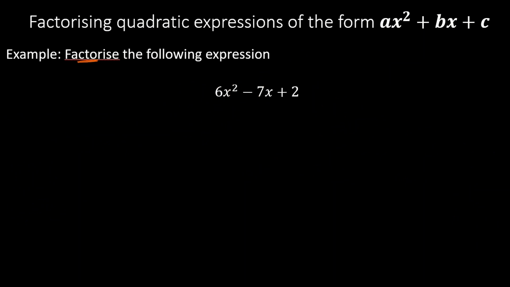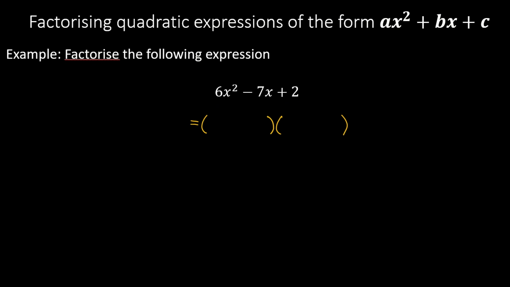We have 6x squared minus 7x plus 2, right? So again the quadratic has 3 terms. When we factorize, we obtain 2 pairs of brackets.